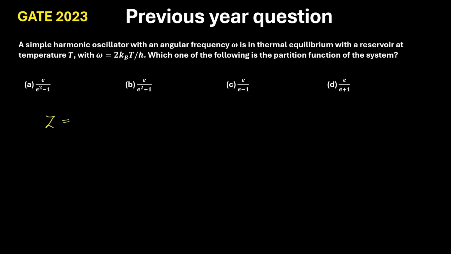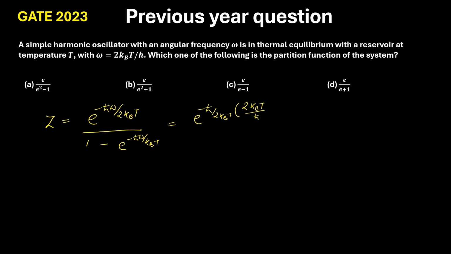Z is equal to e to the power minus h bar omega by 2 kBT divided by 1 minus e to the power minus h bar omega by kBT. Now if I substitute the value of omega, then I'll get h bar by 2 kBT into omega, which is 2 kBT divided by h bar.